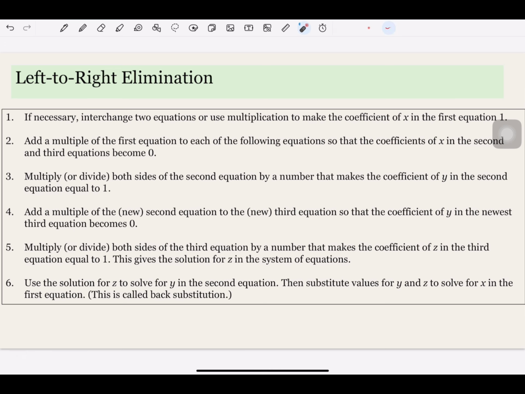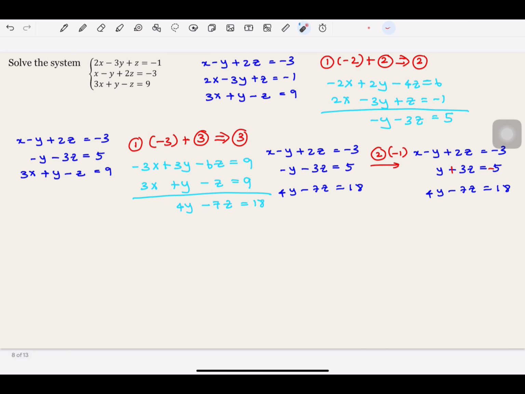So now add a multiple of the new second equation to the new third equation so that the coefficient of y in the newest third equation becomes 0. Okay, so that means somehow we have to make the coefficient of y equal 0 in the third equation. To do that, we'll be using the second equation.